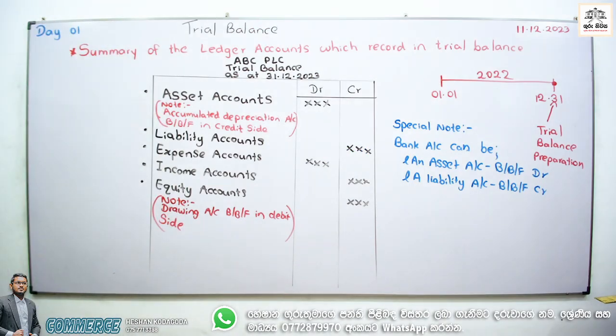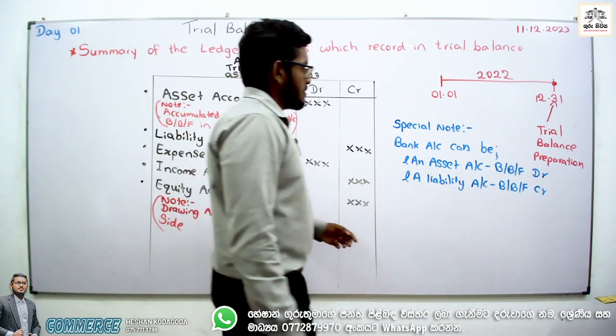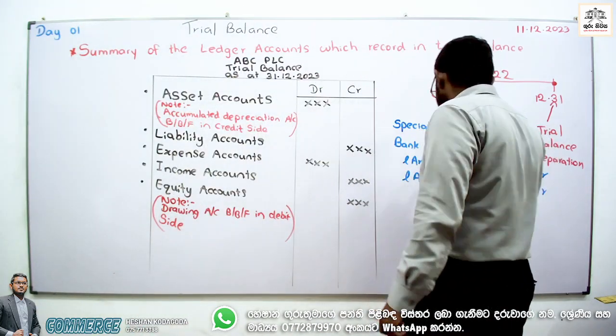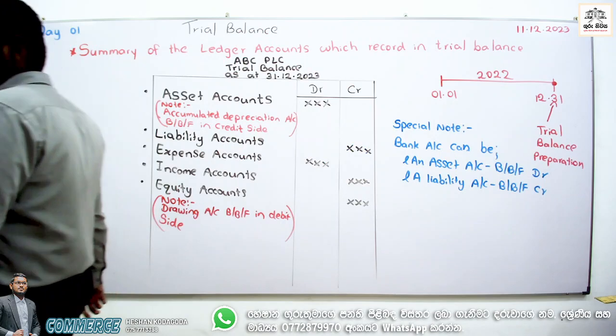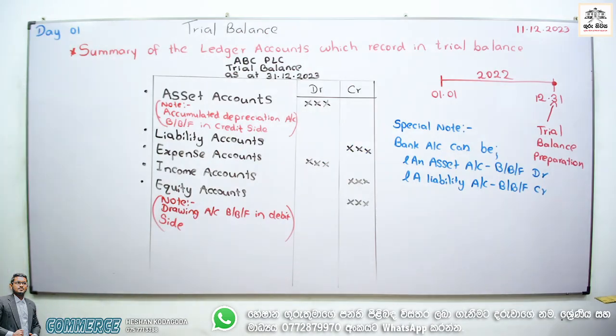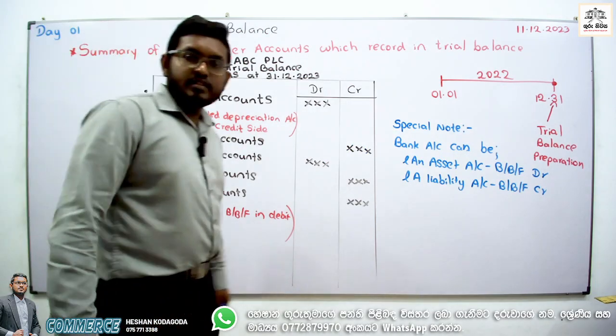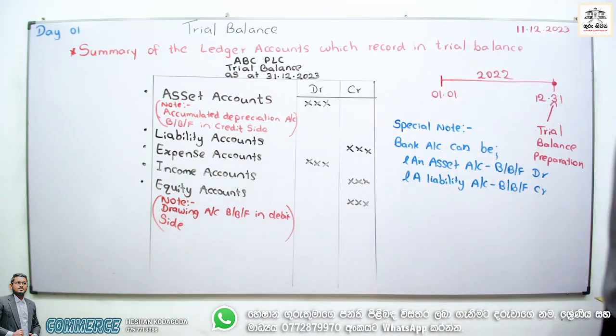Okay. So even a bank account can be an asset account BBF in debit. Okay. A liability account BBF in which side? Credit side. Okay.